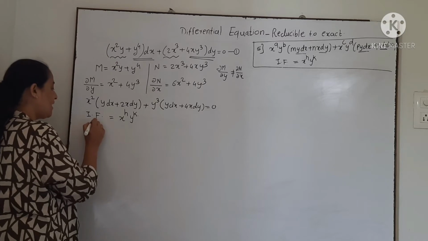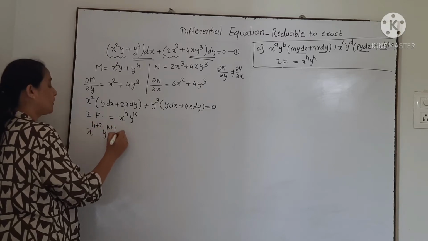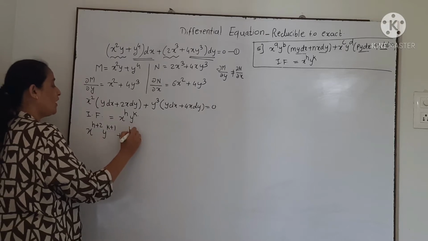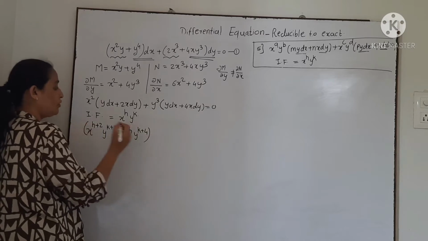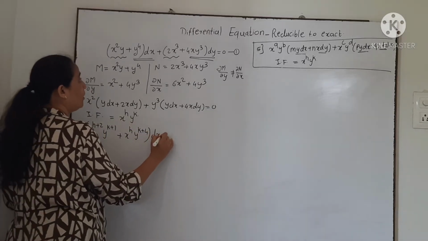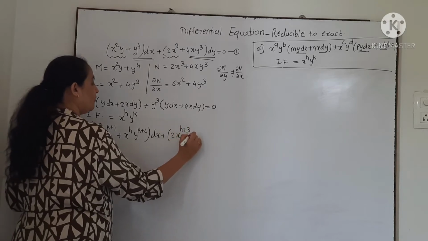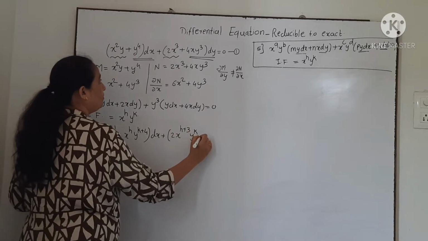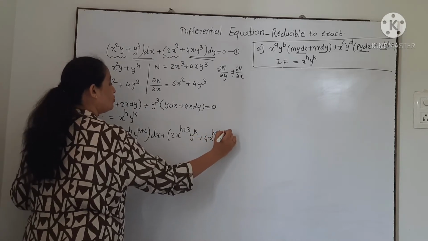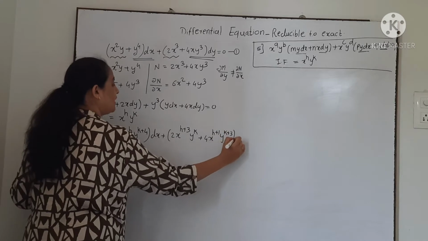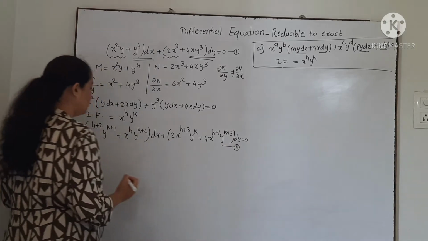We'll get x raised to h plus 2 y raised to k plus 1 plus x raised to h y raised to k plus 4, by using laws of indices, dx plus (2 x raised to h plus 3 y raised to k plus 4 x raised to h plus 1 y raised to k plus 3) dy equal to 0. Say this as equation number 2.